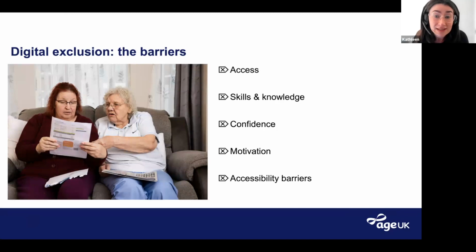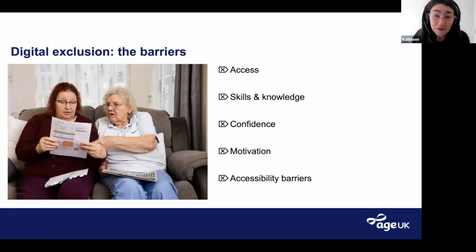They might not have the skills and knowledge to use the internet, ranging from basic functions like switching on a device to not being able to confidently navigate the online world. They might not have the confidence to use the internet and stay safe online. They might not trust online services and have concerns about dangers such as online scams. This lack of confidence can make going online really quite scary and daunting.